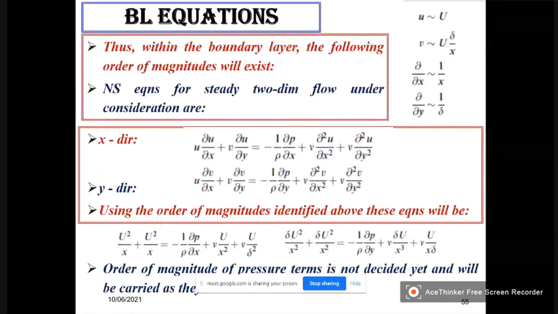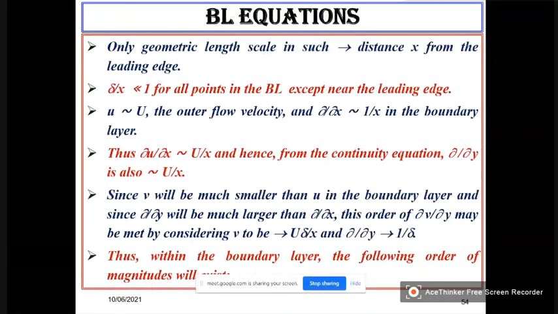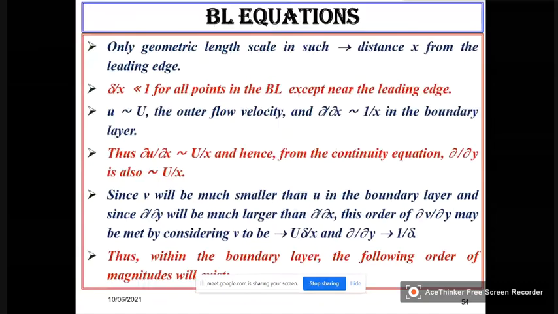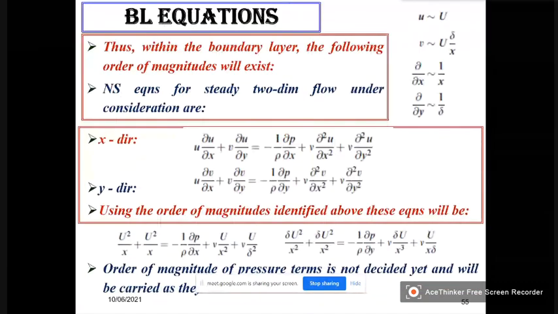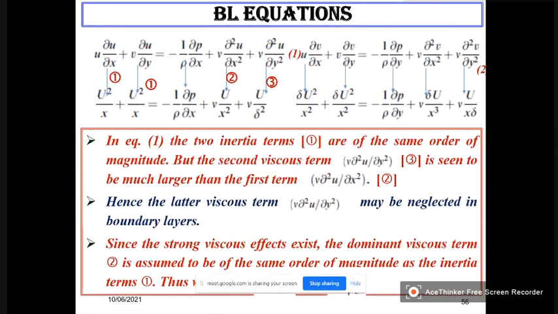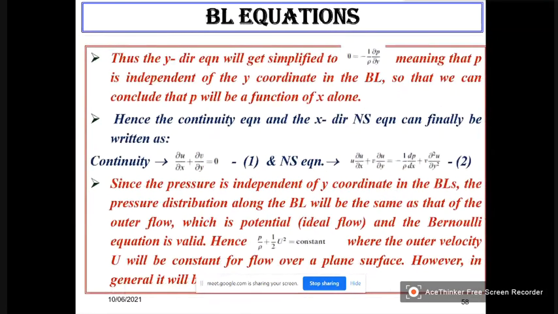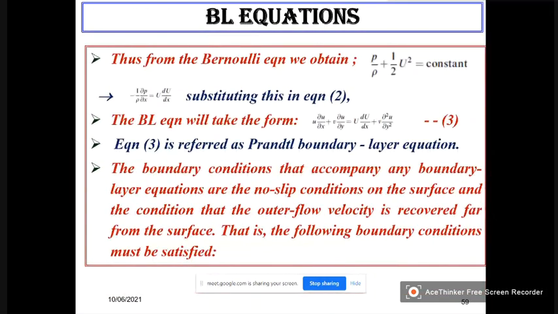With the help of orders of magnitude, we have considered both the continuity equation and the Navier-Stokes equations in x and y directions. Using the order of magnitudes, these equations are simplified, and we have the final form of the boundary layer equations, which is equation 3.